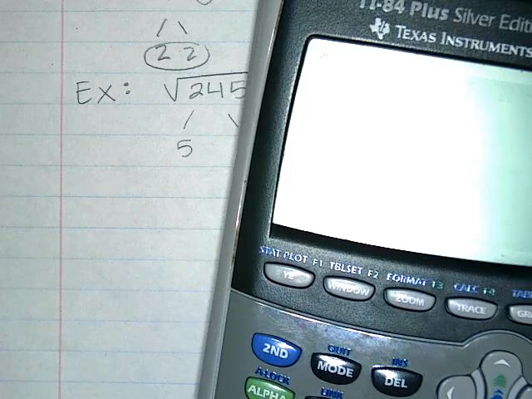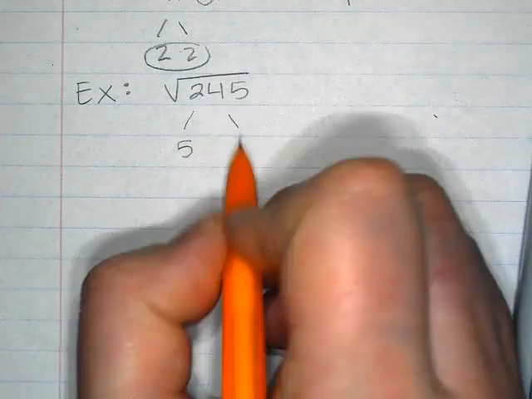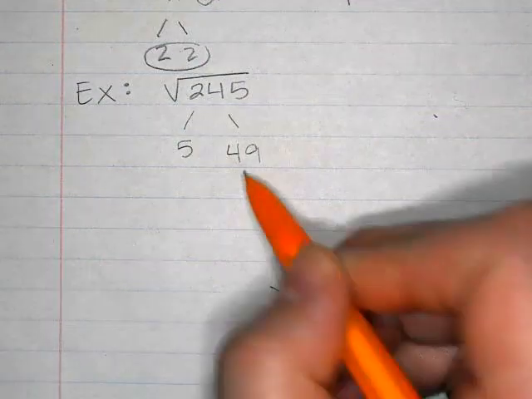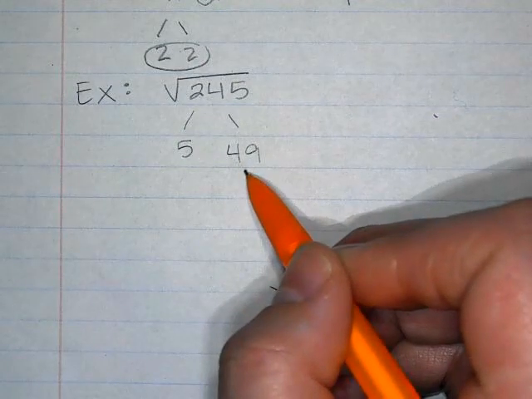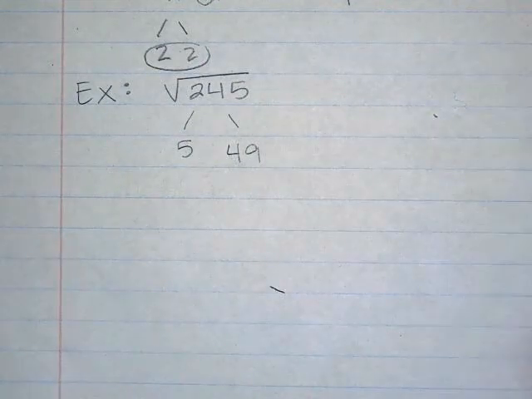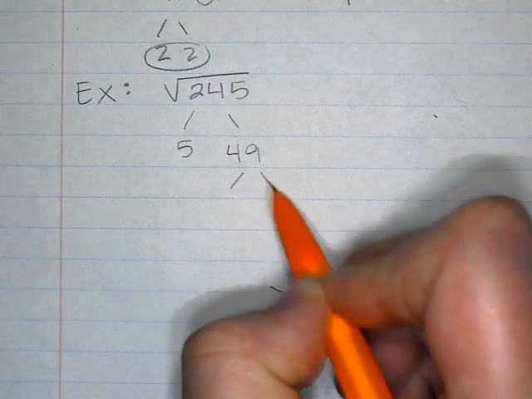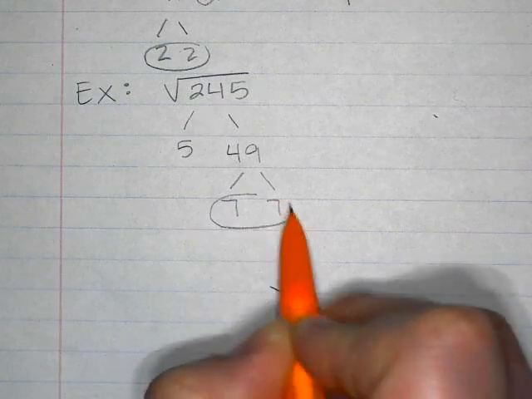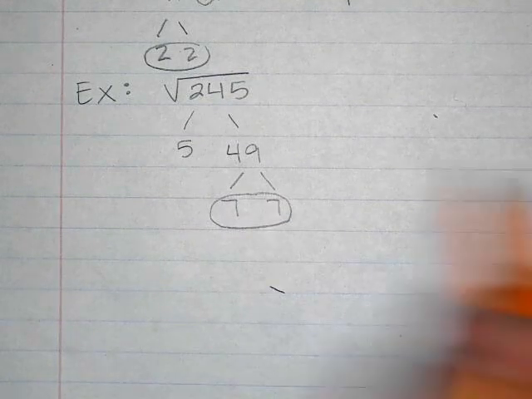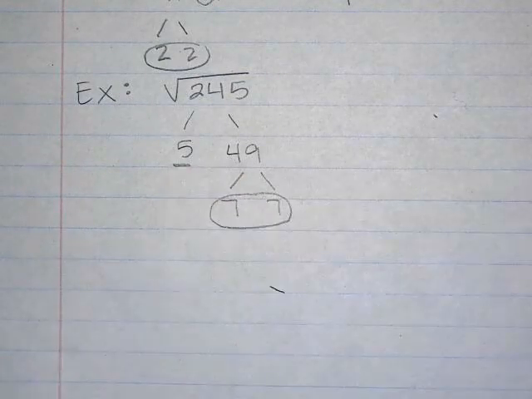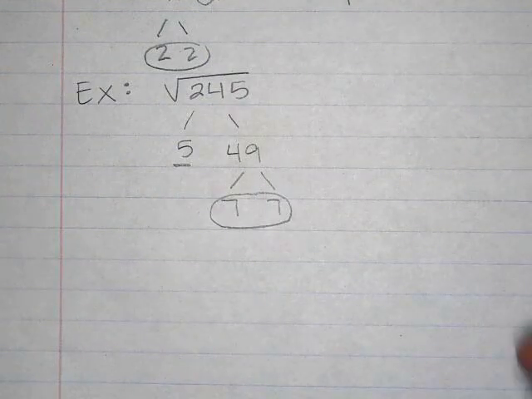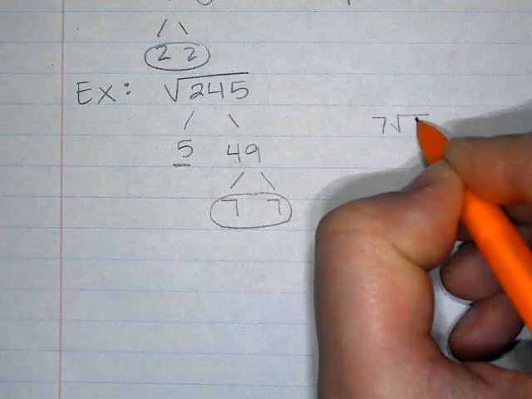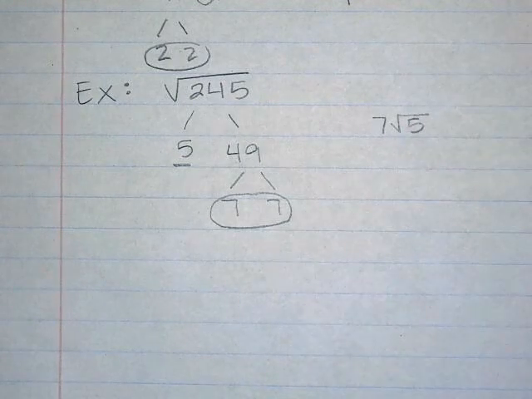Ooh, 49. Why did I like 49 being in there? It's a perfect square, yeah. And what is it a perfect square with? 7. So that's 7 times 7. So there's our pair right there. And then here's our leftover. And so what does this simplify to? 7 square root 5. Okay.